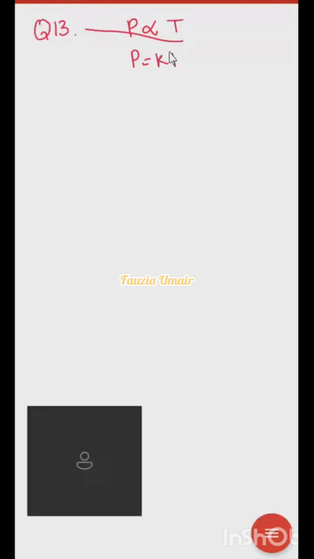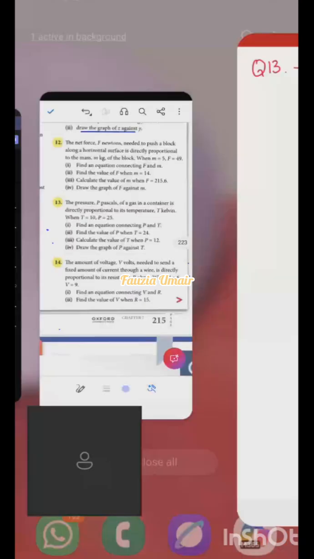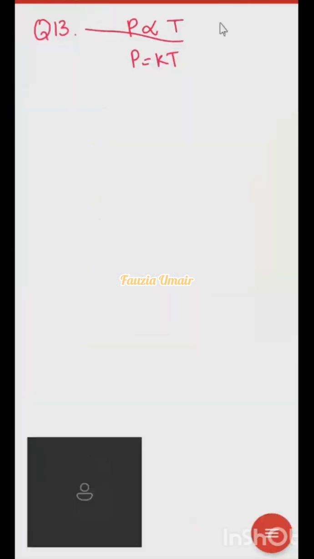So K is the constant. Now we need to write down the data. When T is 10, P is 25. So when P is 25, T is 10. Okay, that's given to you. Proportion, your ratio works in pairs, you know that. You need to see the order.